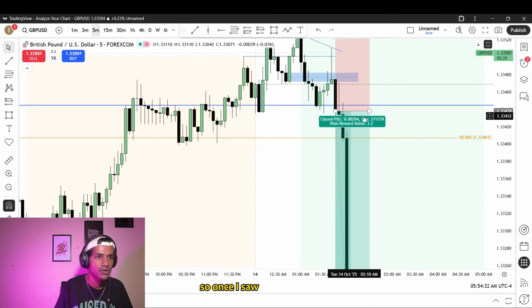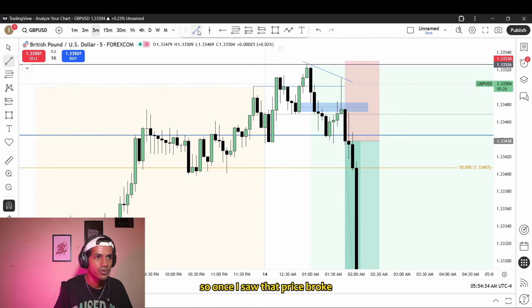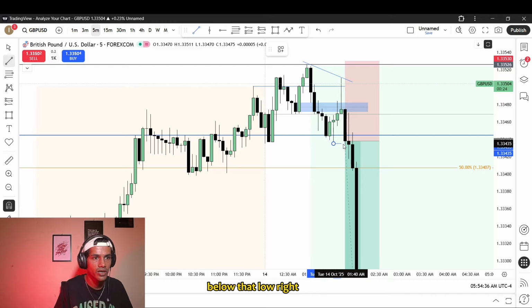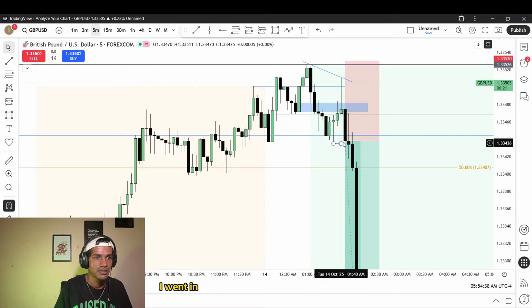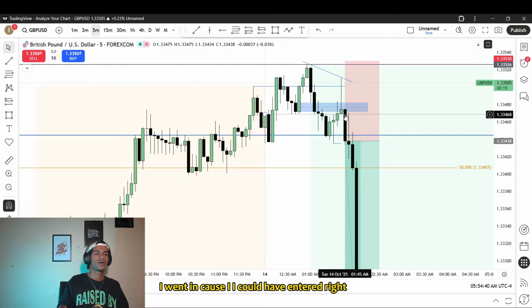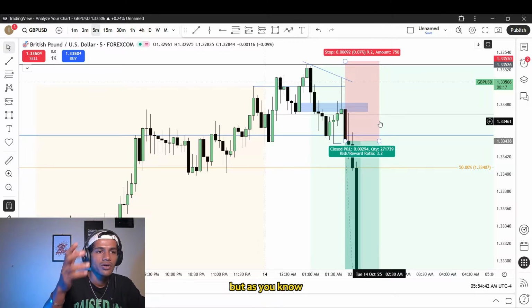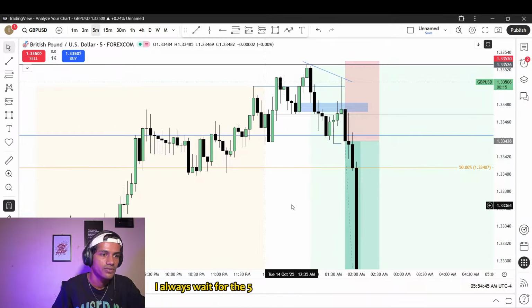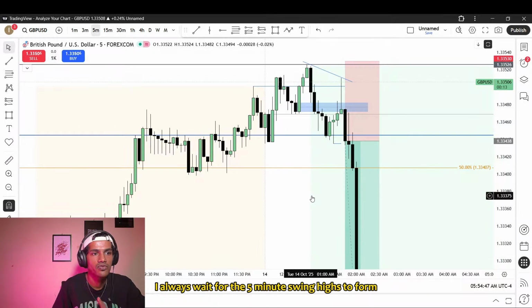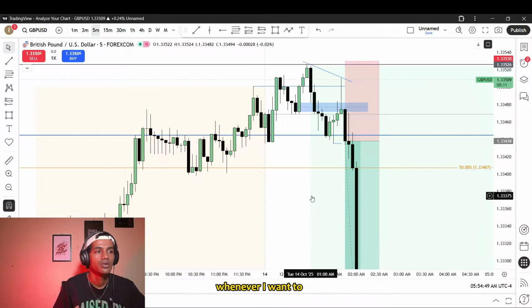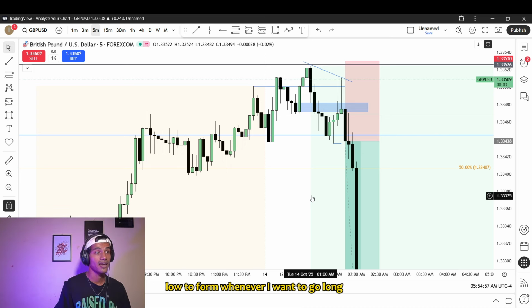So once I saw that price broke below that low right there, I went in, because I could have entered right there. But as you know, I always wait for the 5 minute swing high to form whenever I want to go short, and I like to wait for a clear swing low to form whenever I want to go long, right?